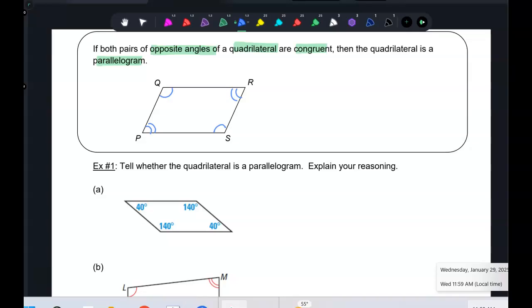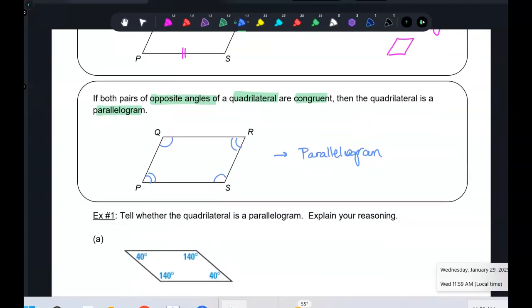No, not necessarily. So if this is true, then we know. How do you know? That's what the theorem is saying. The theorem says if both pairs of opposite angles are congruent, then this has to be a parallelogram.